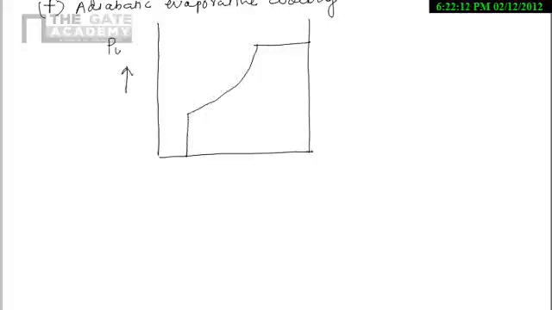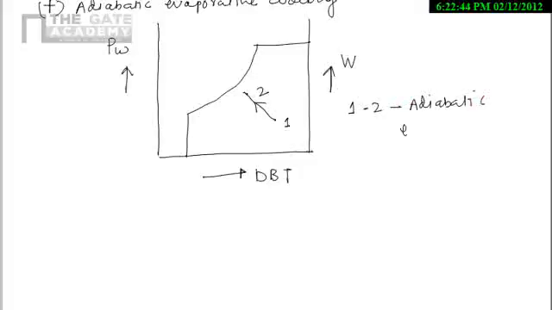Similarly here PW, W, and we have dry bulb temperature. So this 1 to 2 process here is called adiabatic evaporative cooling.